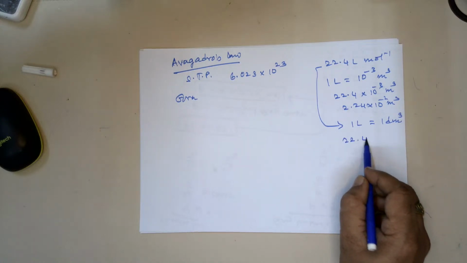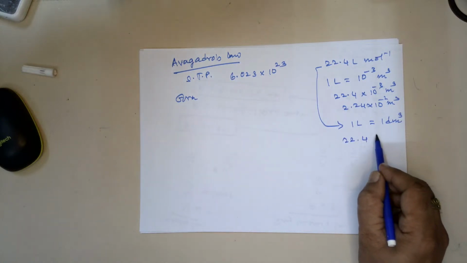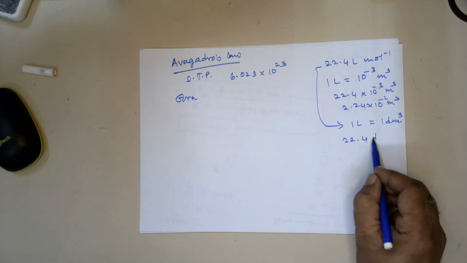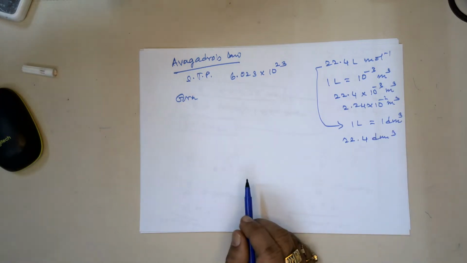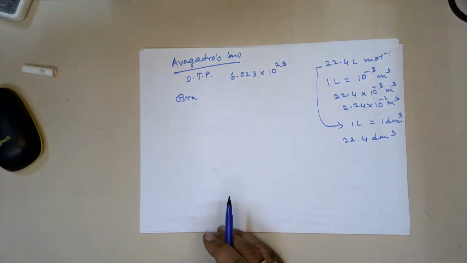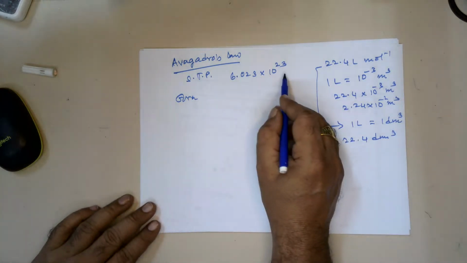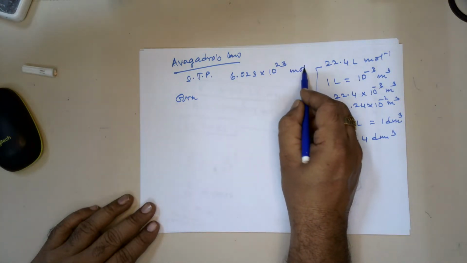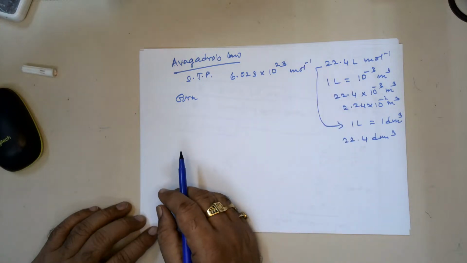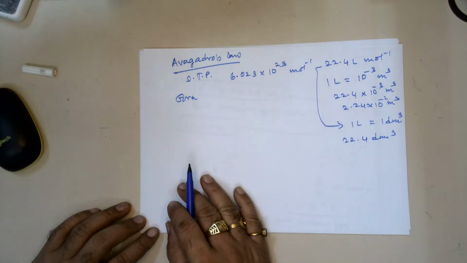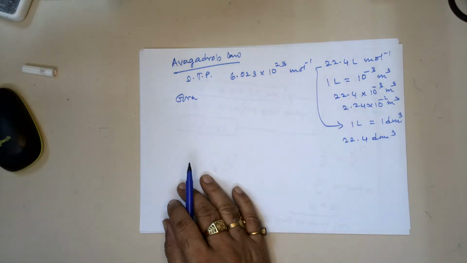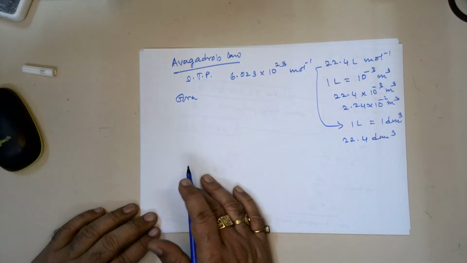So you can mention this as 22.4 liter, or 22.4 decimeter cube also. So this is the Avogadro's volume. Whenever you say Avogadro's volume, it should be per mole. If it is Avogadro's number, it is per mole, that is 6.023 into 10 power 23.